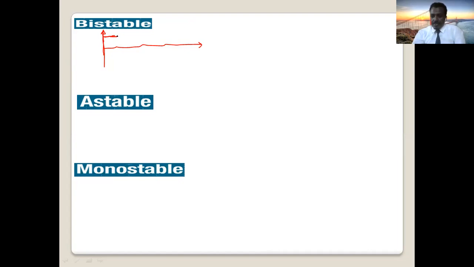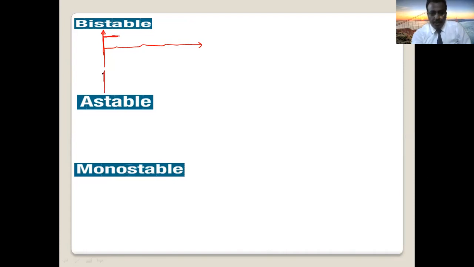Otherwise, it remains high. It does not change this high state. So this is a stable state. Stable state means the output cannot be changed unless you apply an external input. So this high state remains high until we apply what?